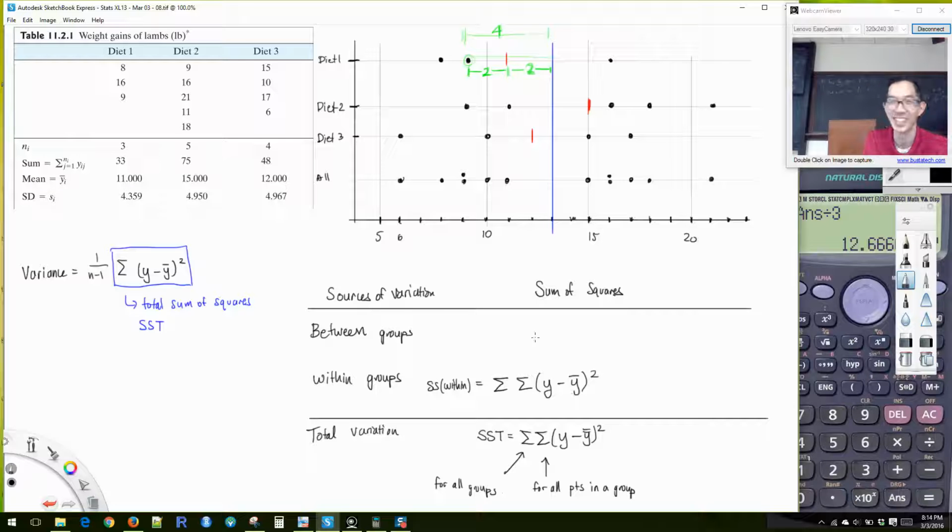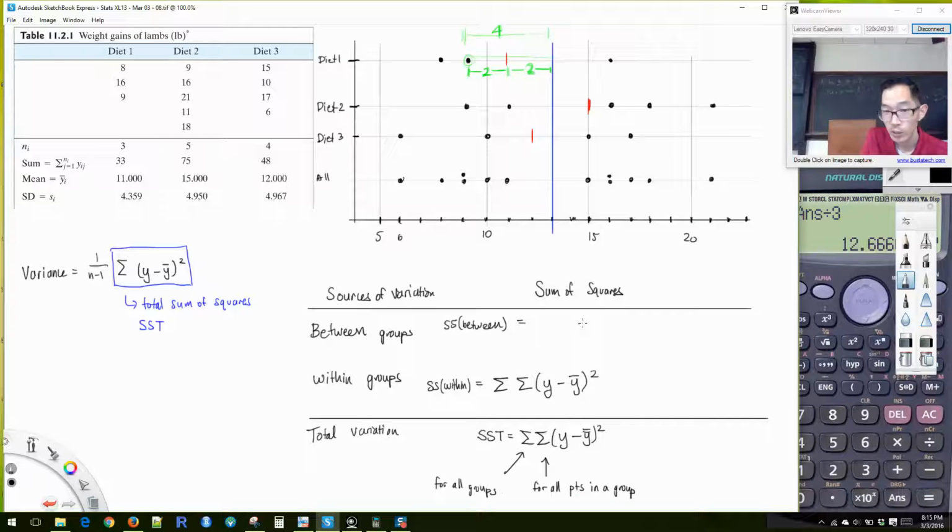All right, and then between the groups, SS between. Basically we're going to say this value of 11 is 2 units lower than the grand mean of 13.